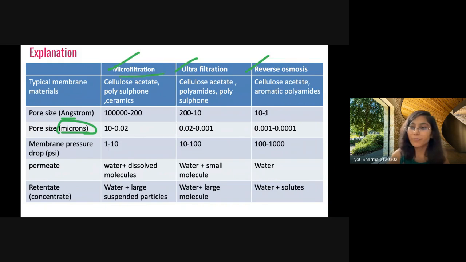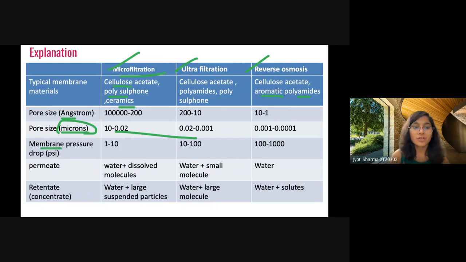For microfiltration we mostly use cellulose acetate, polysulfone, ceramics, and in ultrafiltration also we use the same, but in reverse osmosis we can also use aromatic polyamides. And these are the pore sizes that we need.